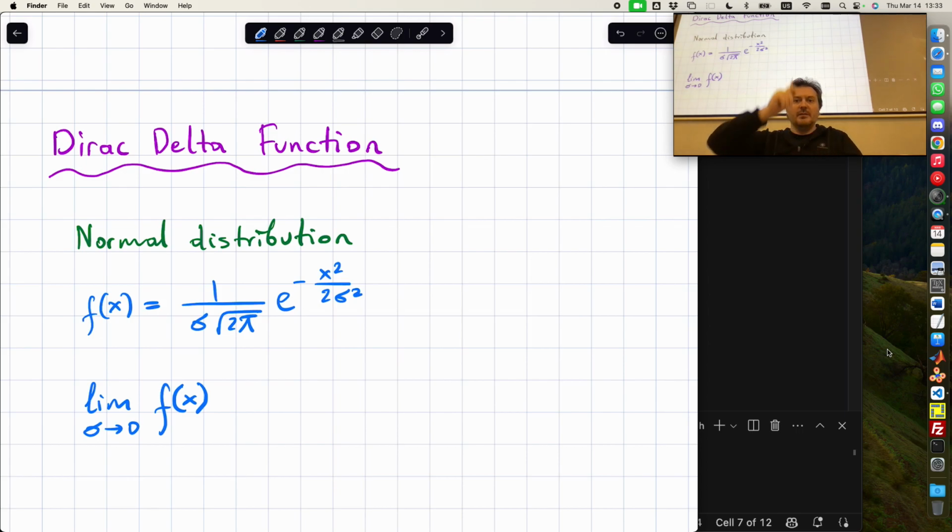What happens? It becomes higher and higher at 0, but the integral remains 1. So this is the Dirac delta function.